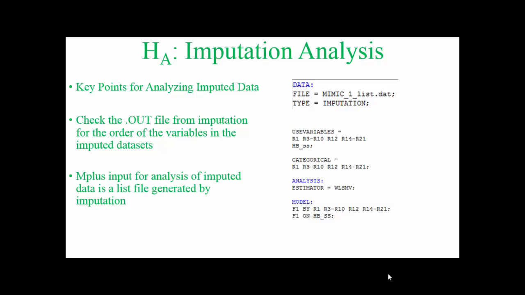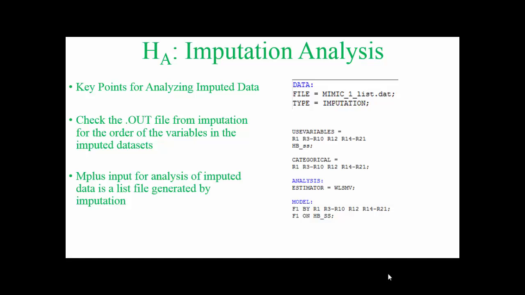So this first bulleted statement says check the out file from the imputation at the bottom to see the order that Mplus put all of your imputed data in. I can't tell you how many times somebody who's better than average when it comes to Mplus wants to impute their data, and they come back to me and say, wow, everything's gone haywire, what happened?